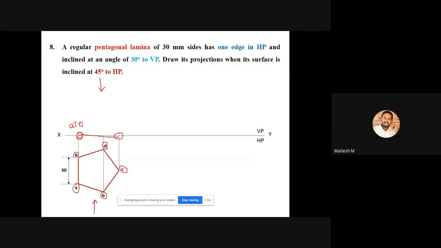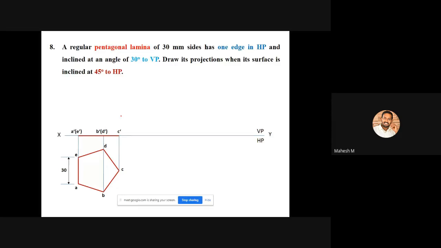So what is the second point? Sir, B dash of D dash. B dash of D dash. Okay. Third point? C dash. C dash. Okay. So it is the right notation. So you can create a horizontal line with this notation: A dash of E dash and B dash of D dash, and finally C dash.